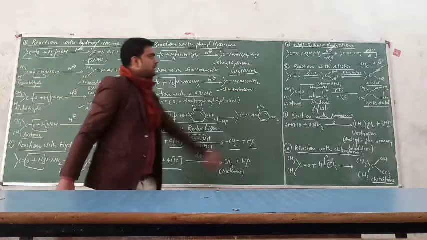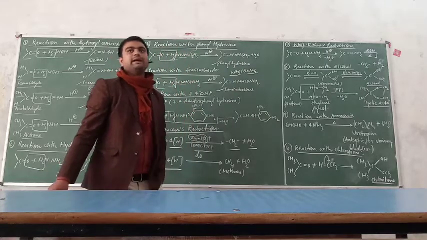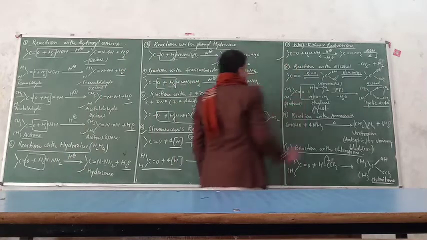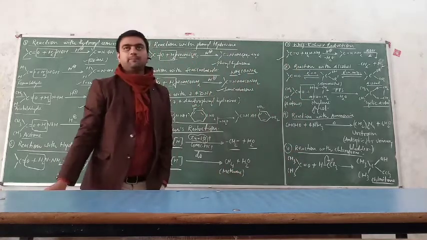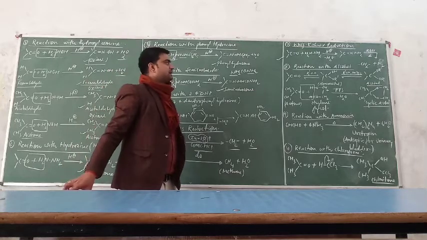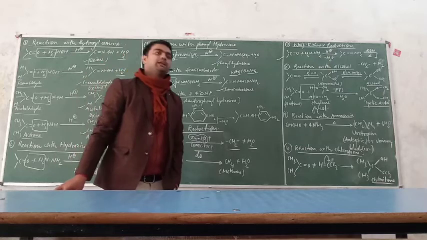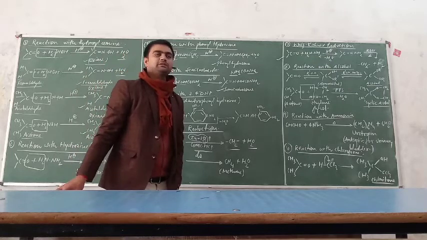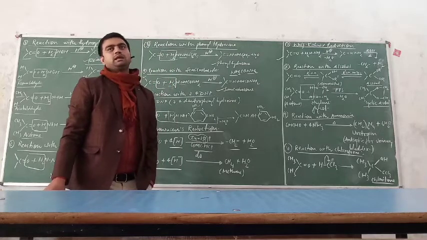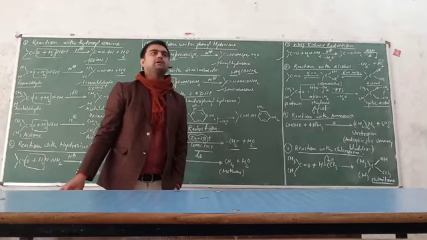Now come to the Wolff-Kishner reduction. This is also a very important reaction, you have to know. In this reaction, the carbonyl compound is treated with hydrazine, and thus hydrazone is formed, and later this hydrazone is treated with potassium hydroxide to form the alkane. Clear? And the reaction is known as Wolff-Kishner reduction.